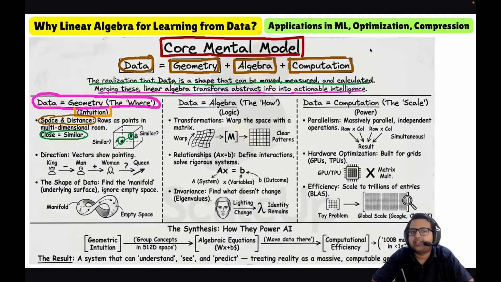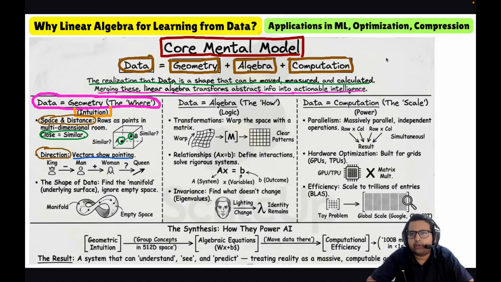Using space and distance, we can find out whether points are similar. Direction. Vectors tell us which way the data is pointing. In AI, the word vector for king minus man plus woman points directly toward the vector for queen.